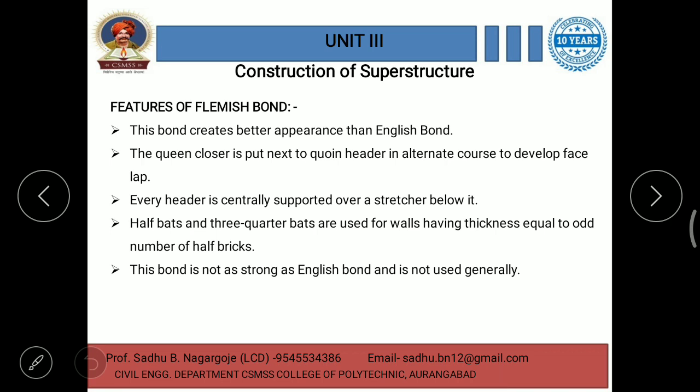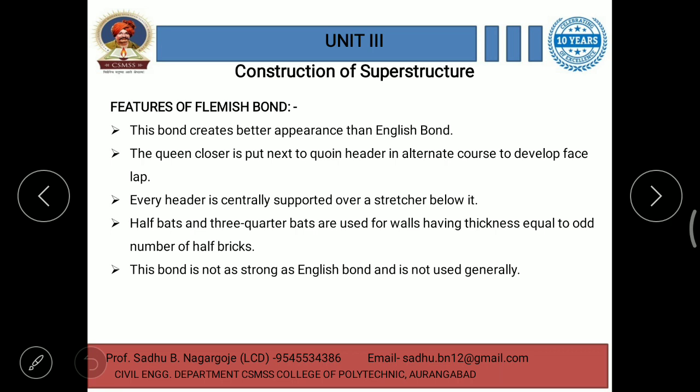The queen closure is put next to queen header in alternate courses to develop a face lap. Okay, you have to compare all these features of Flemish bond to that of the English bond, and again this difference is asked many times in the previous exams, and this is again a very important difference, that is to differentiate between English bond and Flemish bond.